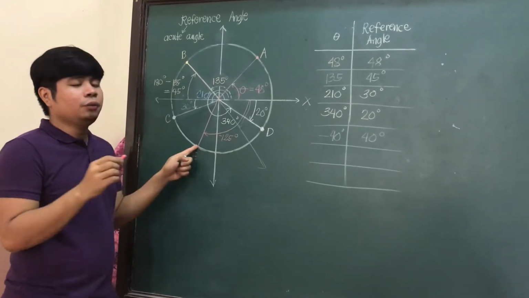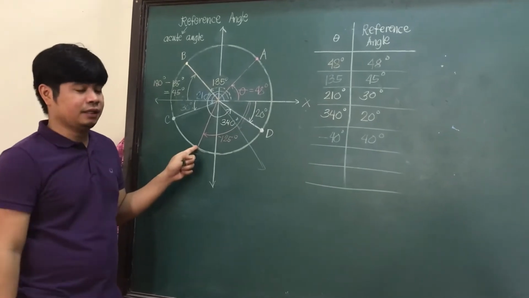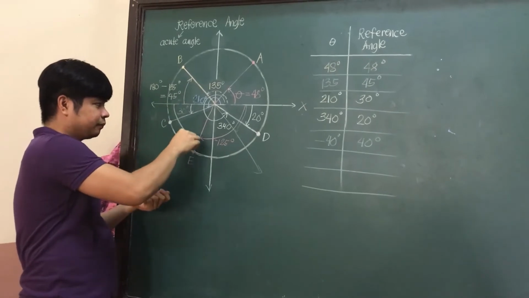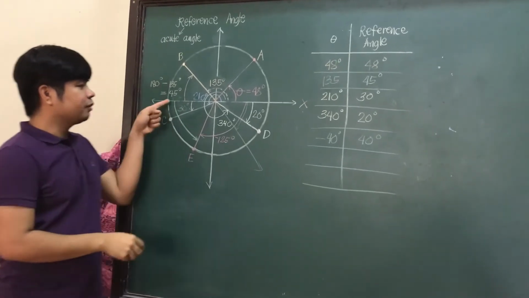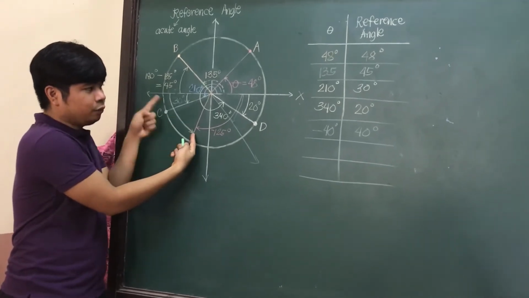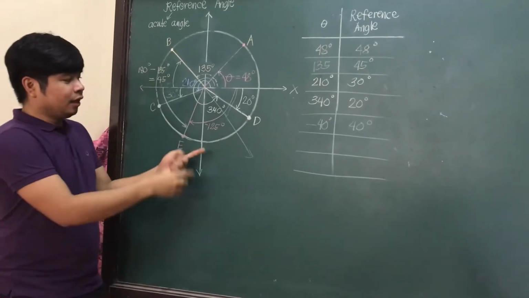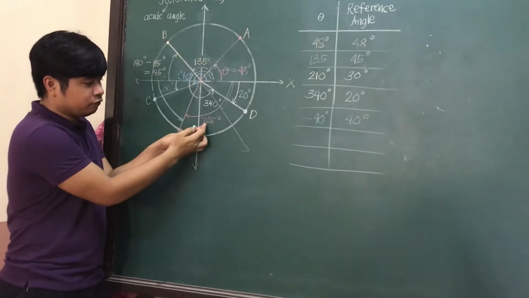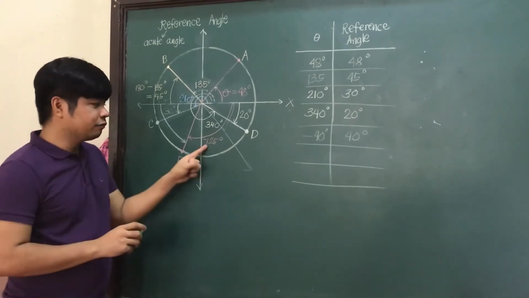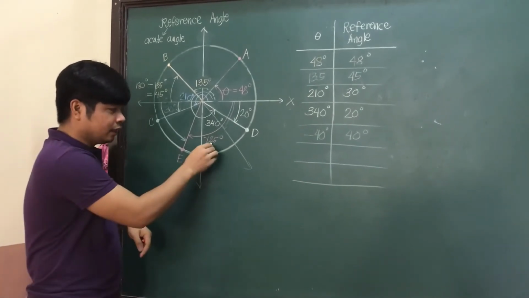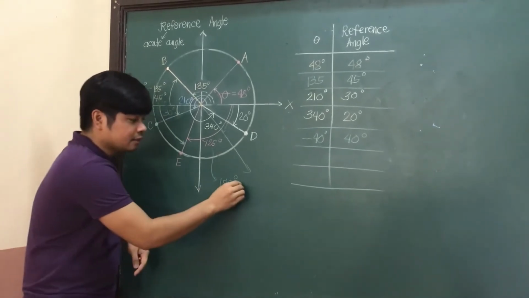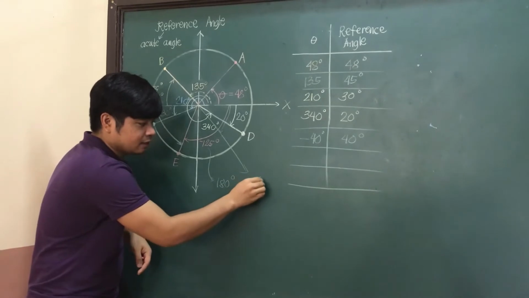Okay, so how do we get the reference angle of this particular angle? Remember that we can form here an angle from the x-axis up to here. So how can we form 180 degrees? How much do we need to form 180 degrees from negative 125? So the reference angle of negative 125 degrees can be solved using this: 180 degrees minus 125 degrees.